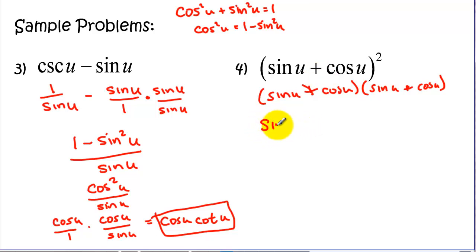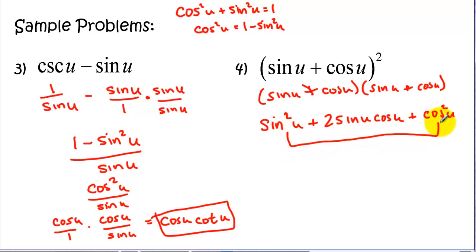So sine times sine is the sine squared of u. And in the middle, we're going to get 2 terms where we've got sine times cosine and cosine times sine. So I've got 2 sine of u cosine of u, and plus cosine squared of u. Now we can group those together, and that's going to equal 1 by the Pythagorean identity.